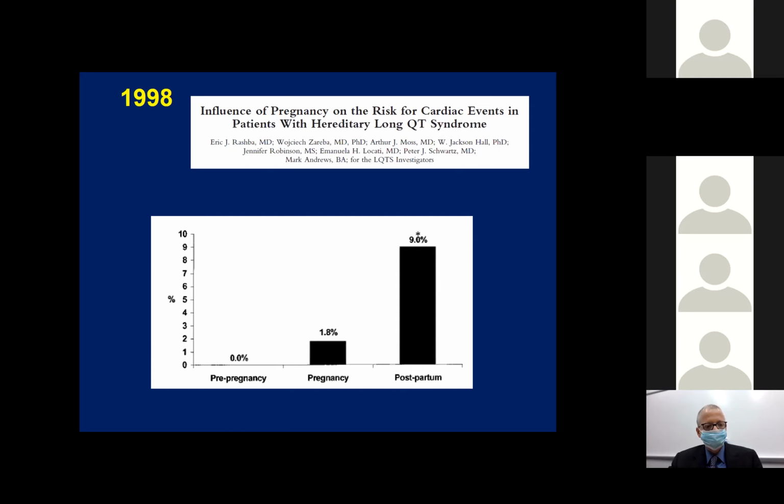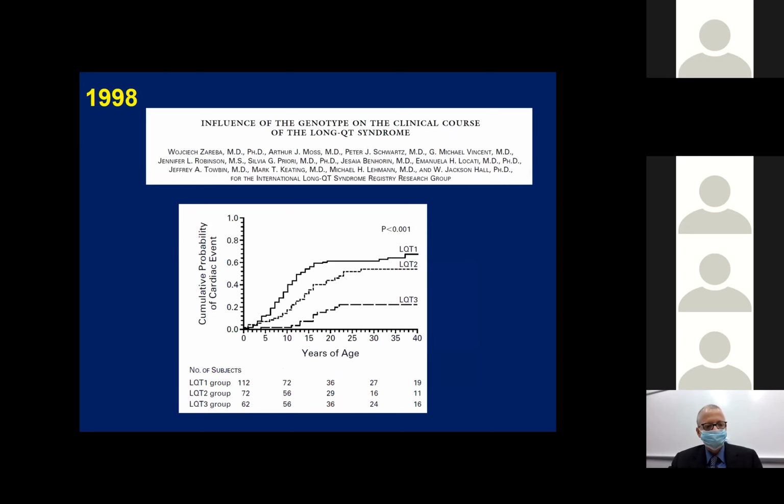And what we learned is that patients during the postpartum period were at very high risk in comparison to pre-pregnancy and even the pregnancy period. So we learned at that time, over 20 years ago, that pregnancy is relatively safe, but the postpartum period is of special interest and requires protection, especially with beta blockers.